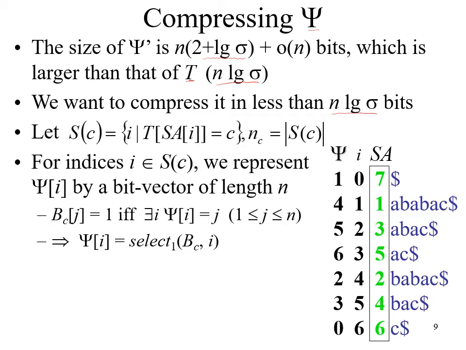Let the set S of c be the set of indices I such that T of SA I equals c. So this means that I is the lexicographic order of a suffix whose first character is c.